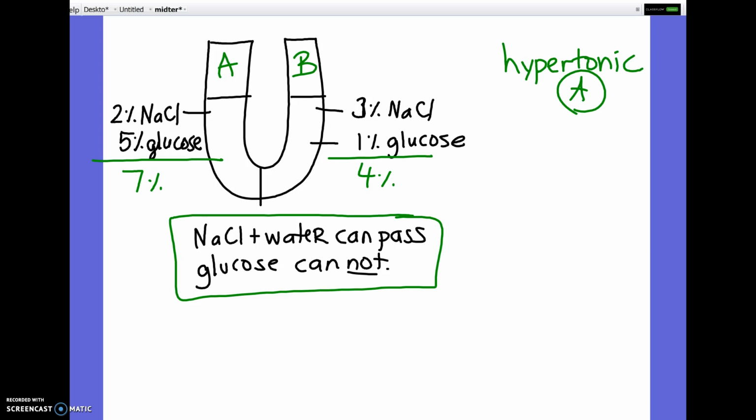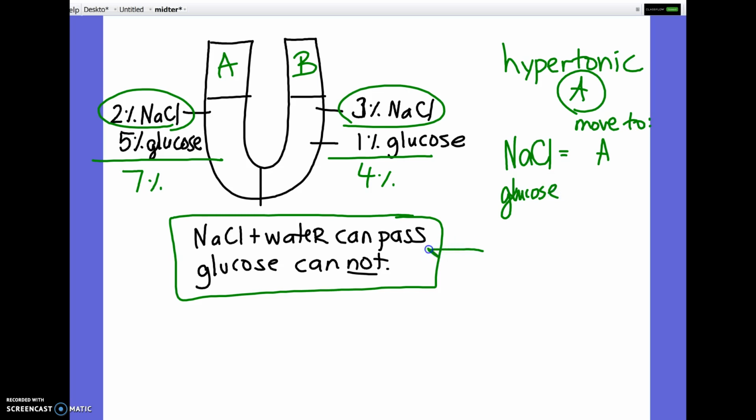The second question that you'll be asked about this will have to do with which way stuff's going to move. So first, which way would sodium chloride move? It would move towards side A, correct. Because any solutes that can move are going to go from where there's more to where there's less. So sodium chloride would go to the left. How about the glucose?